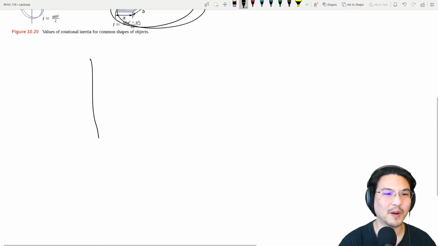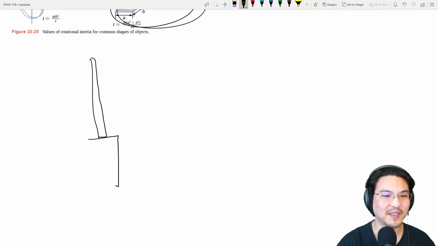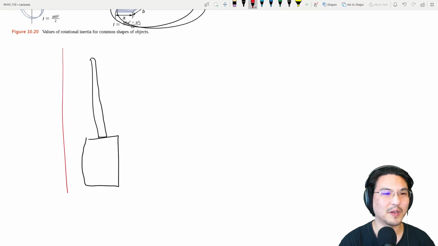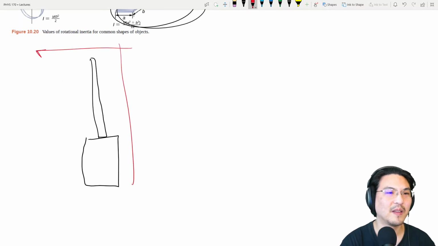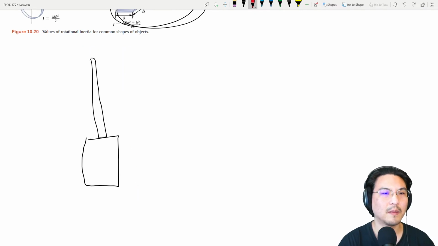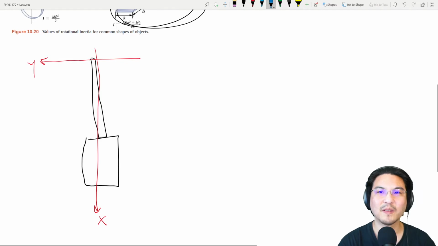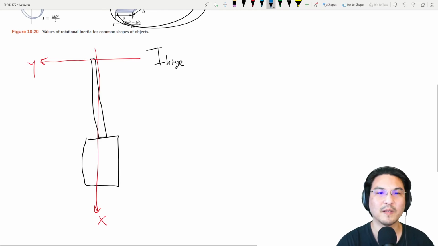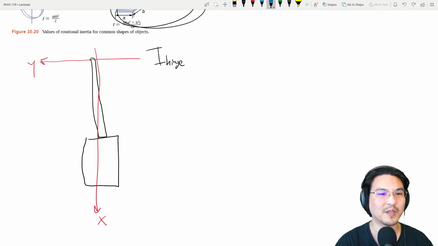So it was a bar. I'll just draw it kind of vertically like this. And then that slab. And then the coordinates were like this. All right, so the moment of inertia about the hinge, which is right here. Okay, so what's the moment of inertia about the center of the bar?